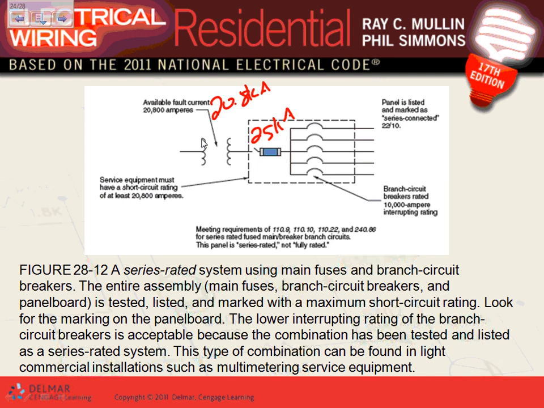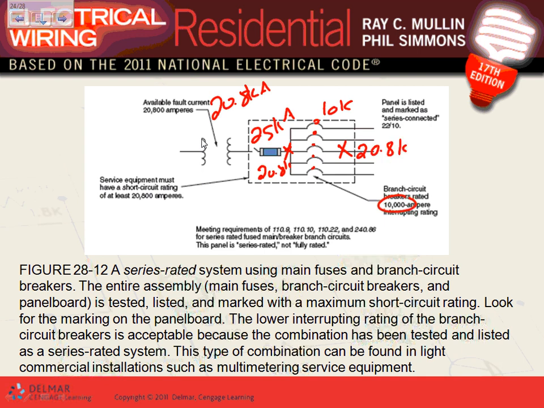Okay, let's look at that. This is my main. Let's look at the subs. Each one of these circuit breakers is rated for 10K. But if I have a short circuit right here, I will have 20.8K. If I have a short circuit right here, I will also have 20.8K.